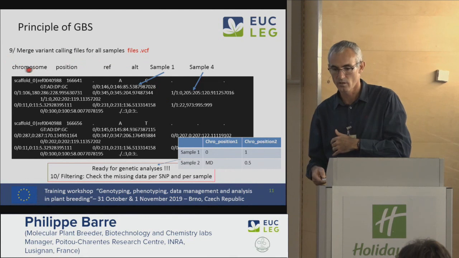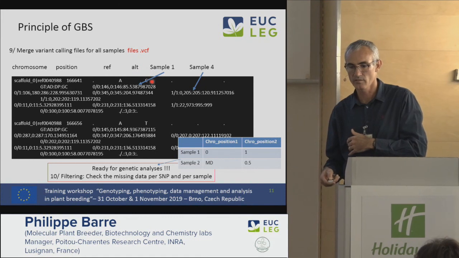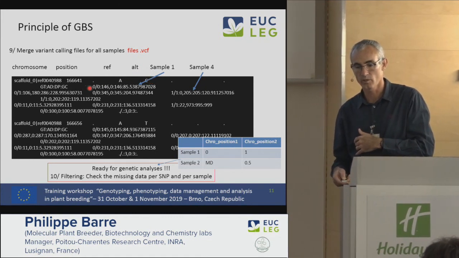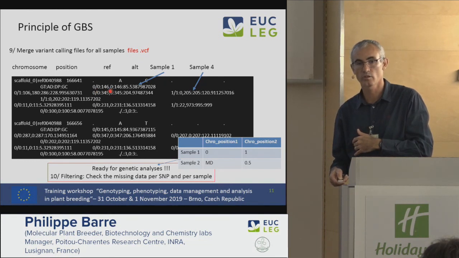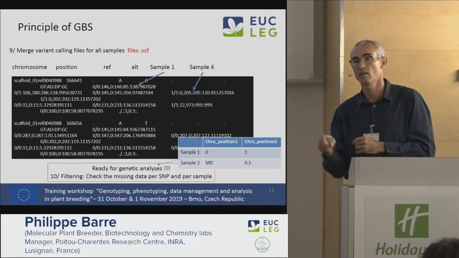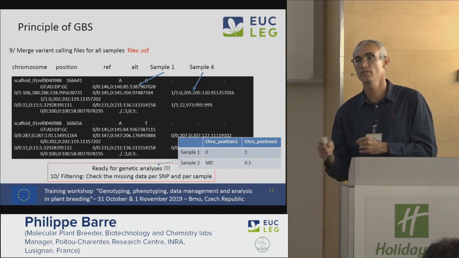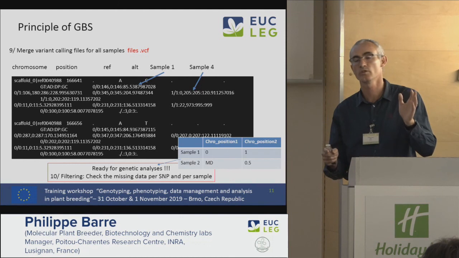So you have the chromosome, the position, reference, alternative, and now you have the information of the genotype, and you still have the information of the number of reads of alternative and reference, but this is for sample 1, then sample 2, sample 3, sample 4, etc. So you merge all the information. And that's where, when you don't do a GVCF and you just do the VCF, you will have missing data for all the reference homozygous sequence.